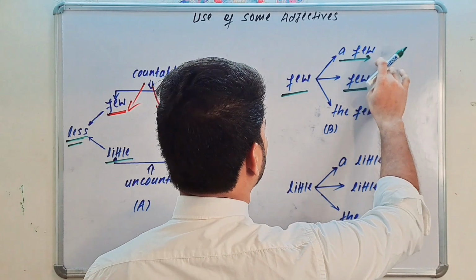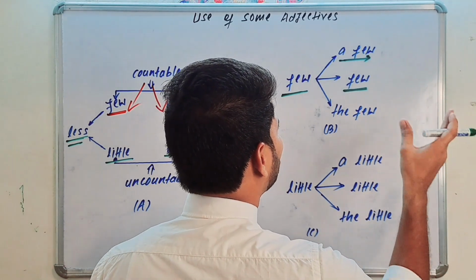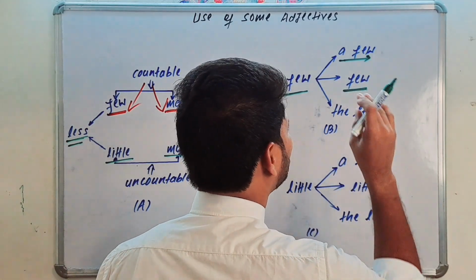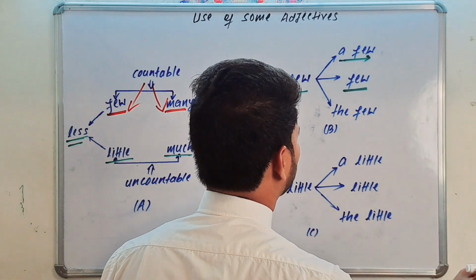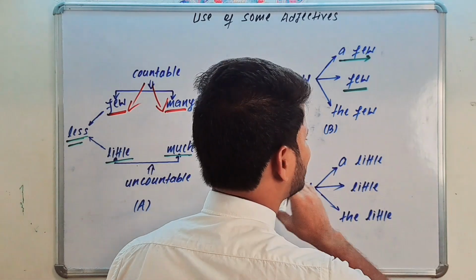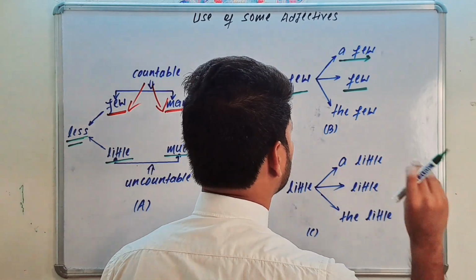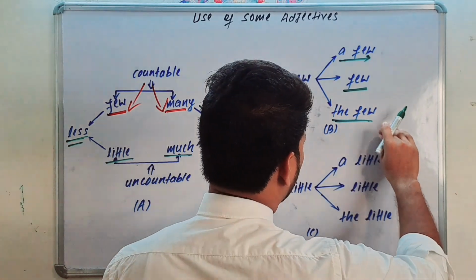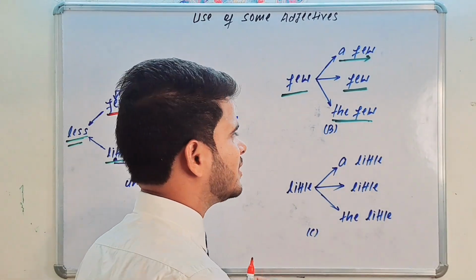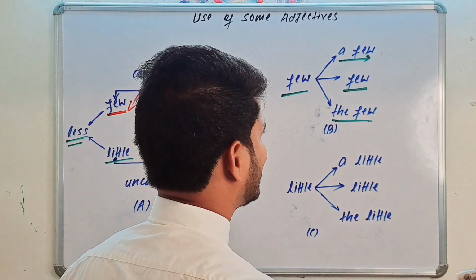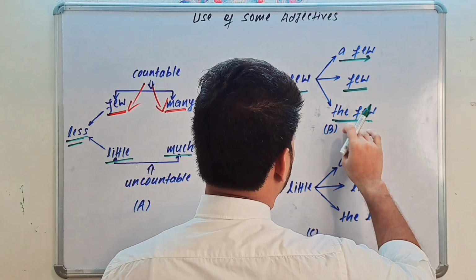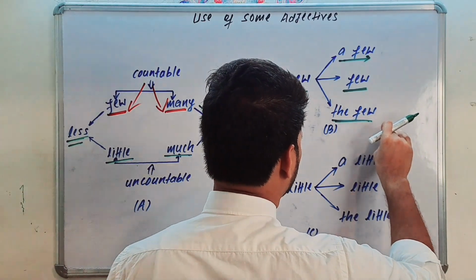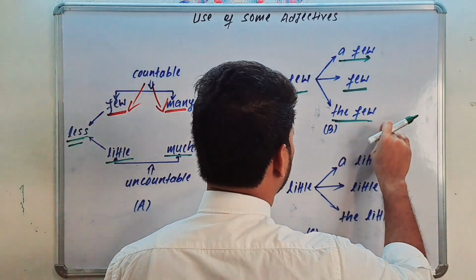Keep in mind, a few means less in number, that is equal to something. Few means very less in number, that is equal to nothing, that means nothing, no, zero. And the few means less in number but fixed, that can be indicated.